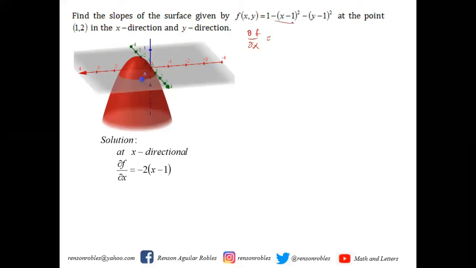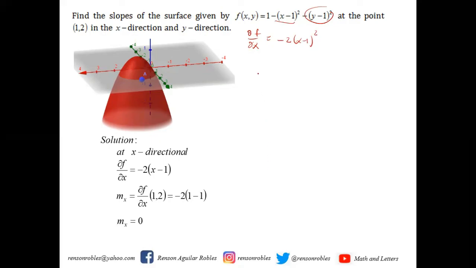Then you differentiate this part, that's negative 2 times the quantity x minus 1, and then the derivative of this is 0. So the partial derivative of f with respect to x equals negative 2 times the quantity x minus 1. And then we just replace x by 1 and y by 2. Since there's no y here, the slope in the x direction is equal to the partial derivative of f with respect to x at (1, 2), which is equal to negative 2 times 1 minus 1, and that will become 0.